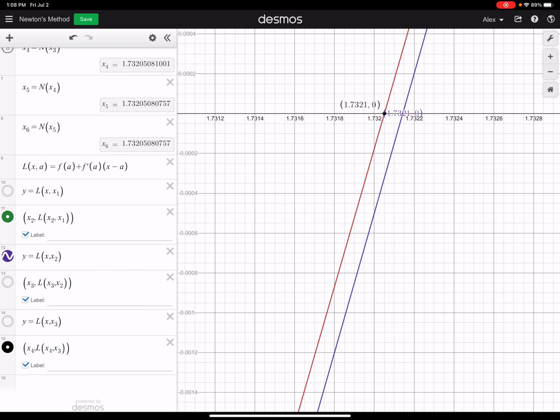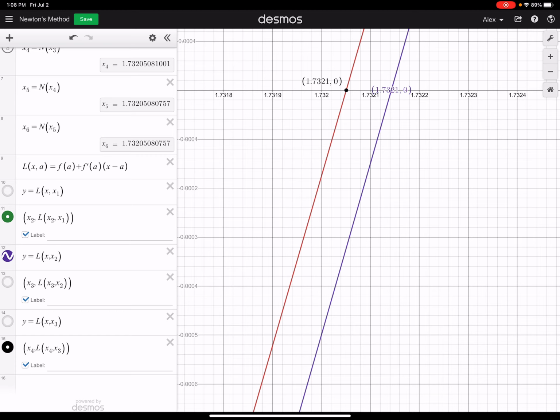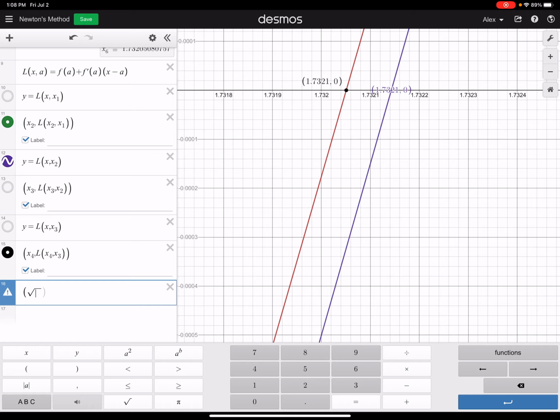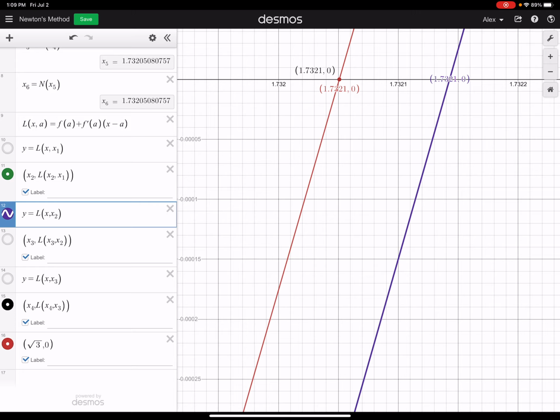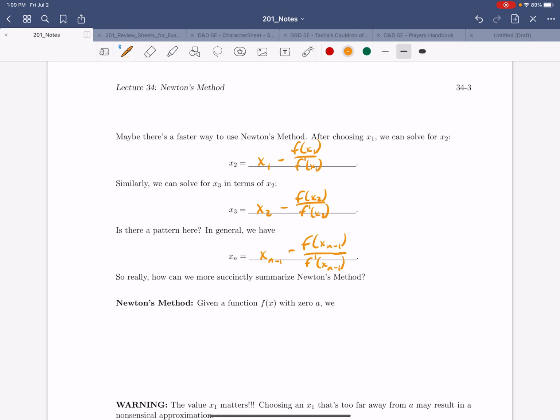But again, that's not the best approximation. Much better approximation is 1.73210. And let's just compare that to the coordinate root 3 comma 0. Right? It appears to be right on top of the black point, right? They're not quite the same, but the point is that doing this even 3 times, one more than we did, was a very good approximation.